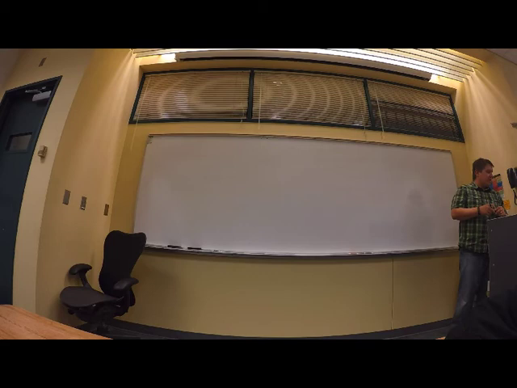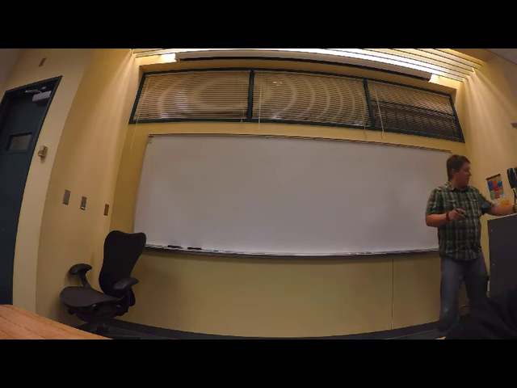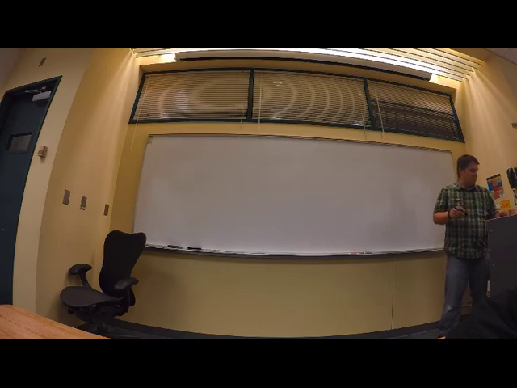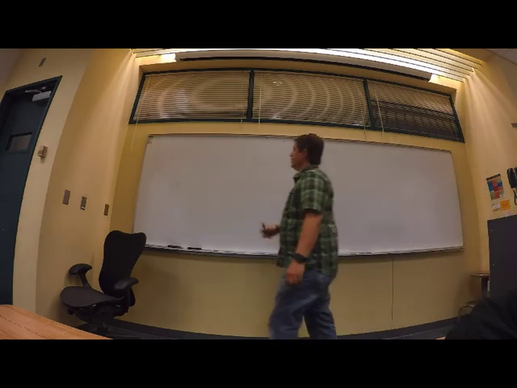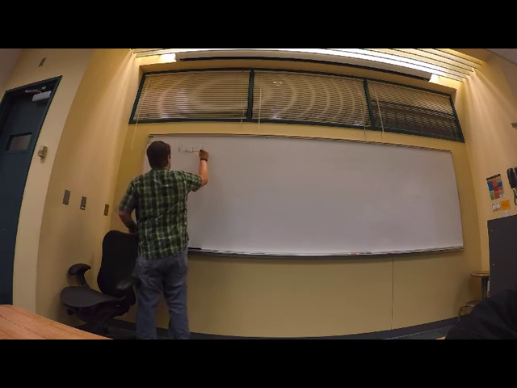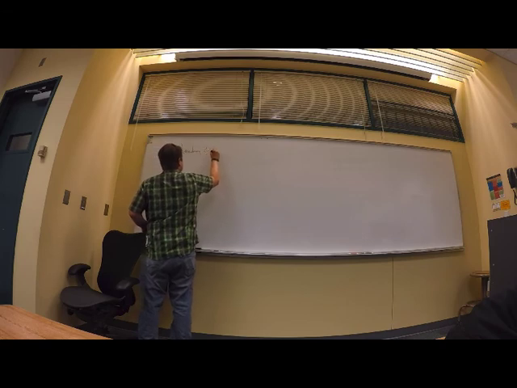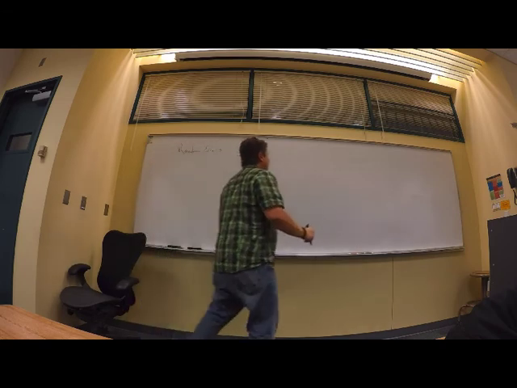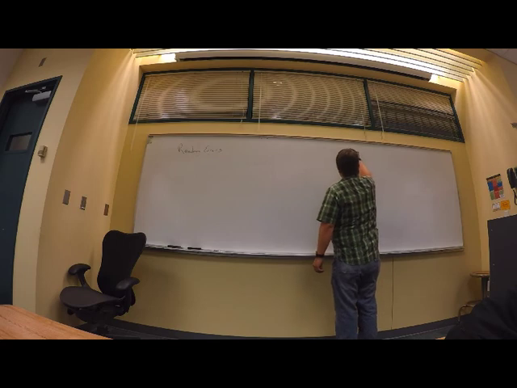Something that's evenly dispersed, we'll call random errors. And something that's not evenly dispersed, we'll call bursty.